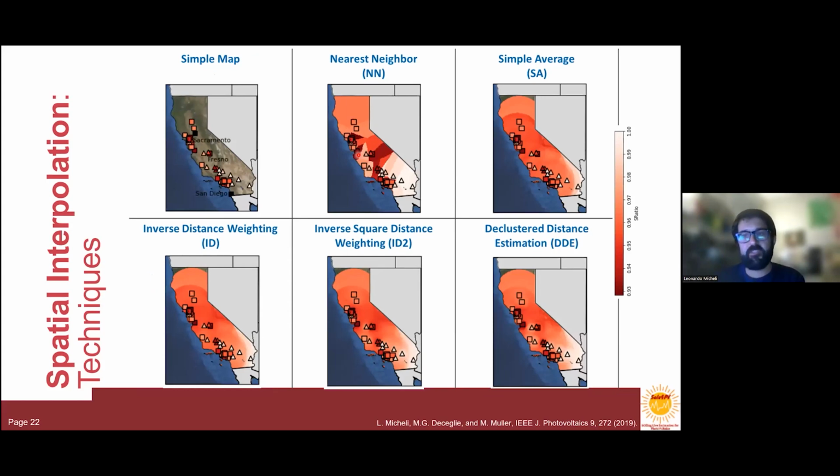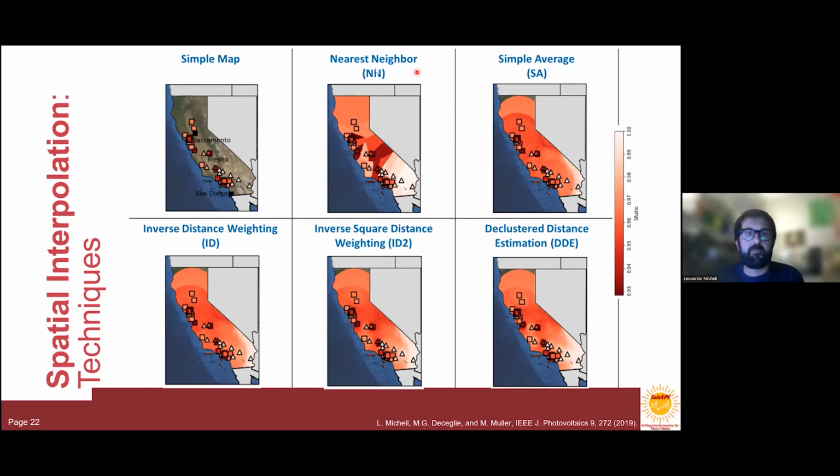So, for example, this is how the losses at different sites over California will look like if different techniques are applied. Again, you can look at all these techniques. They have different pros and cons, but typically, if you move from a nearest neighbor approach to a simple average, inverse square distance weighted average, or the cluster distance estimation, you are increasing your computational effort.